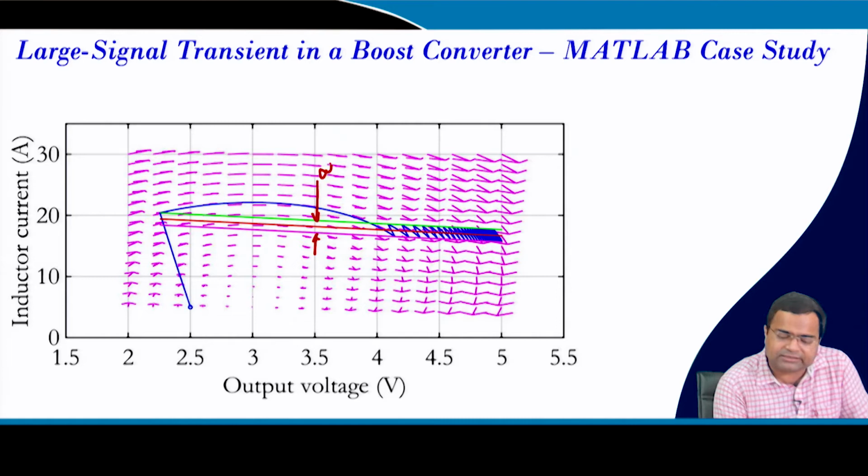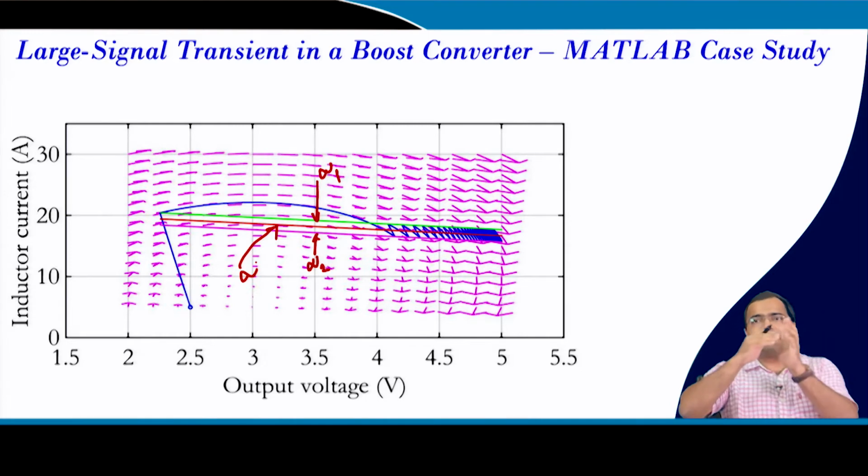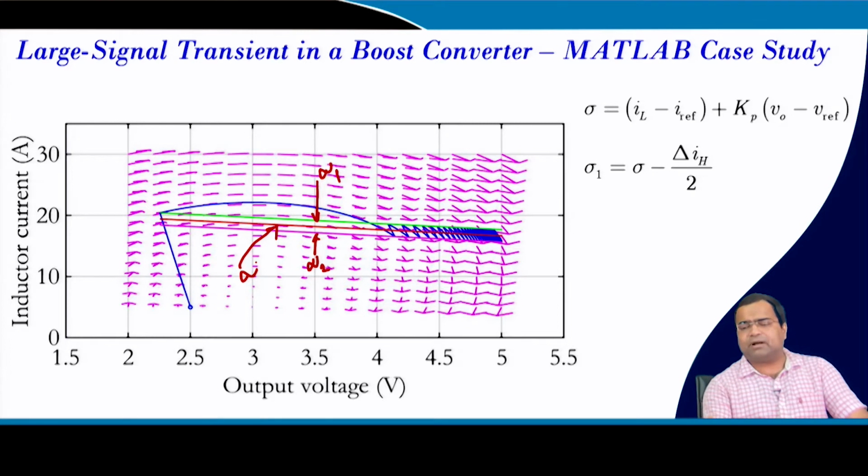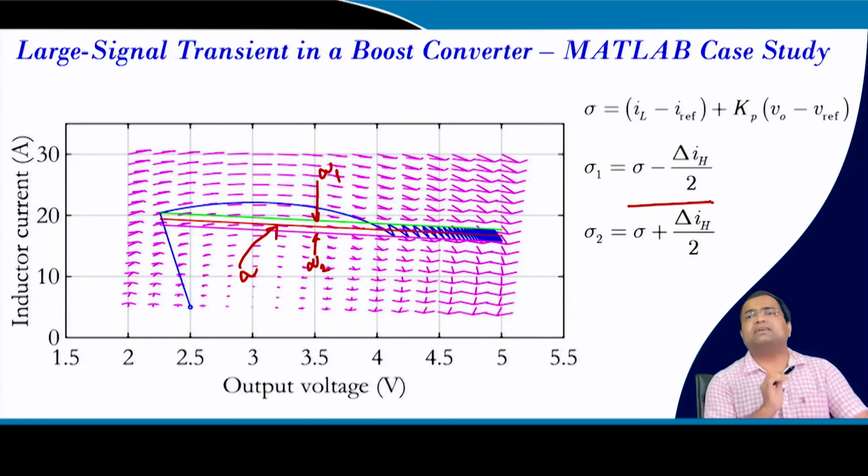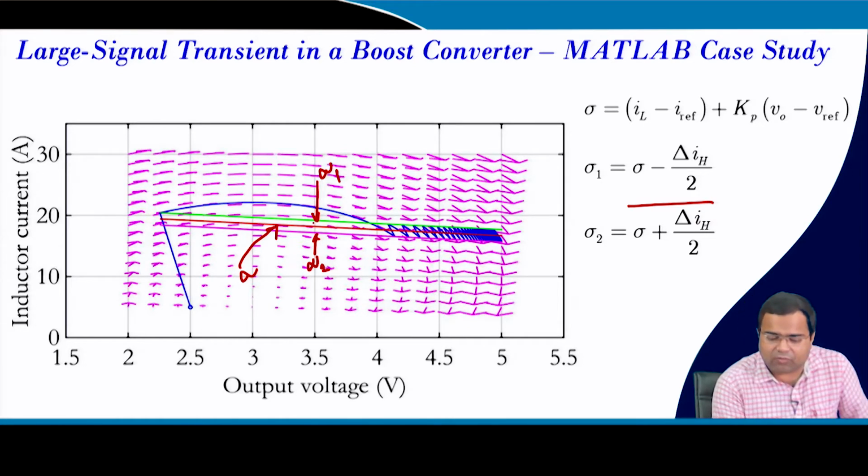This is my sigma 1, this is sigma 2, and this one is my sigma. So around sigma we will have sigma 1 and sigma 2, which is just a hysteresis band: sigma minus delta h by 2, sigma plus delta h by 2. Some band is inserted so that once it reaches here, it stays within this band, which is similar to your sliding motion.